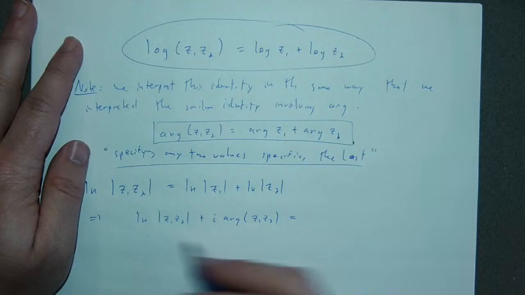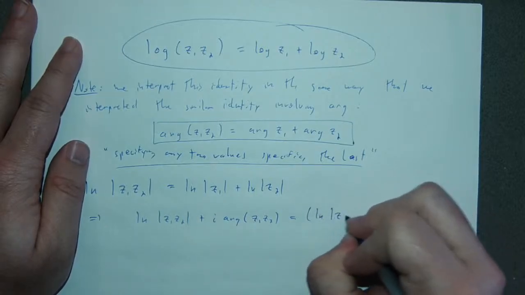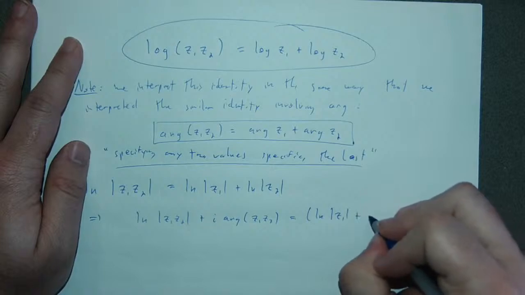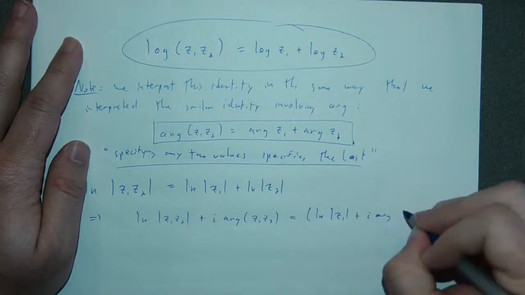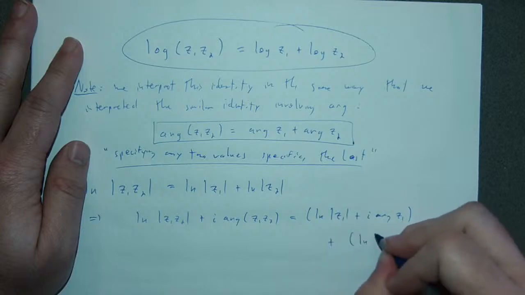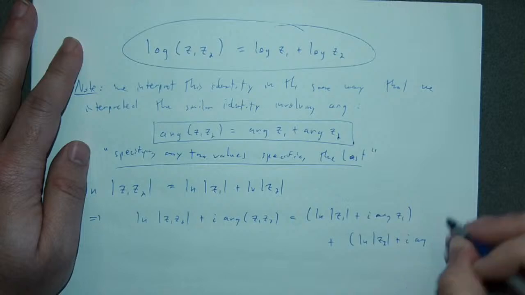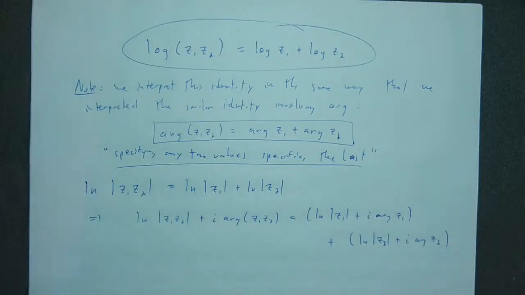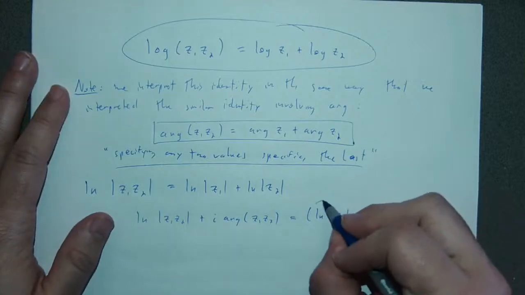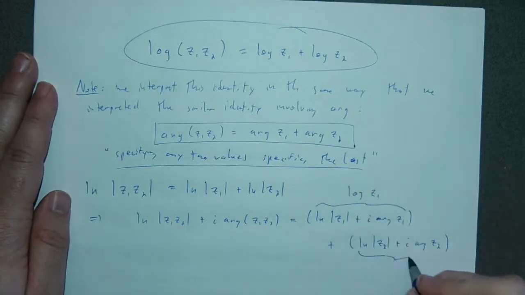And so doing this, this is the natural log of modulus of z sub 1 plus i times the argument of z sub 1, plus natural log of modulus of z sub 2 plus i times the argument of z sub 2. But then this expression is log z sub 1, and this expression is log z sub 2.